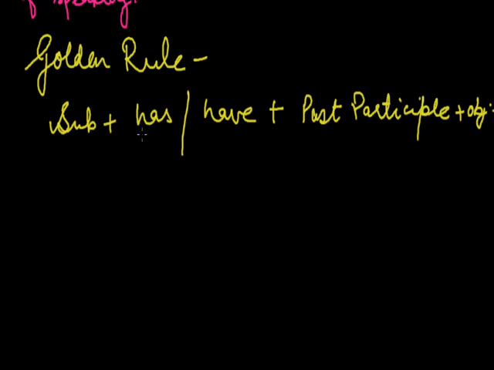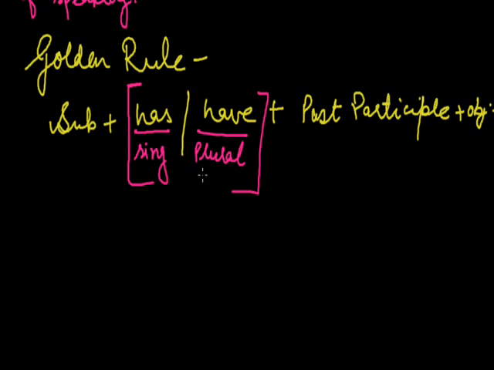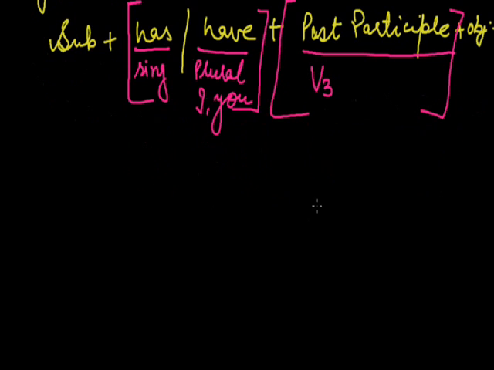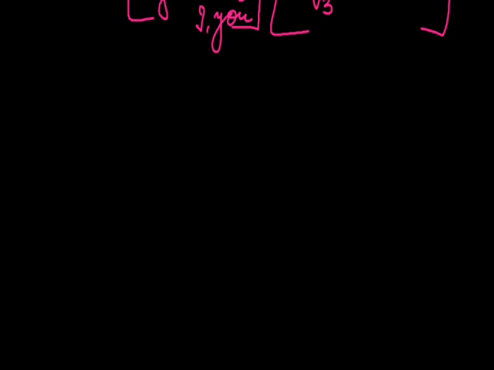And now has is used with singular subject and have is used with plural subject and I, you also. What is past participle? Past participle is verb 3. Verb 3 is called past participle. Right? So with has and have, we always use past participle. Past participle verb means form 3, right?